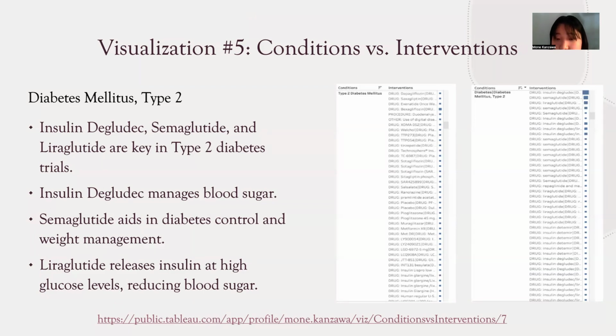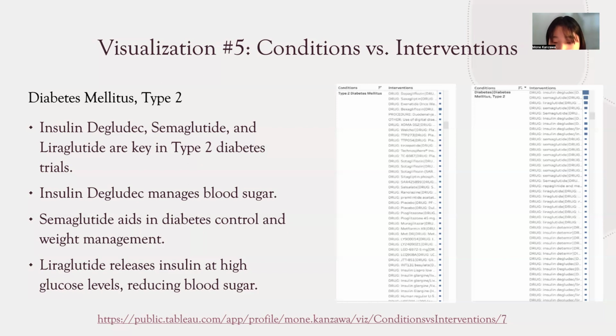Insulin degludec is an artificial form of long-lasting insulin. It functions by taking over the role of natural insulin in the body, assisting in the transfer of sugar from the bloodstream to various body tissues for energy. Additionally, it prevents the liver from generating excess sugar. Semaglutide is used for the treatment of type 2 diabetes and long-term weight management.